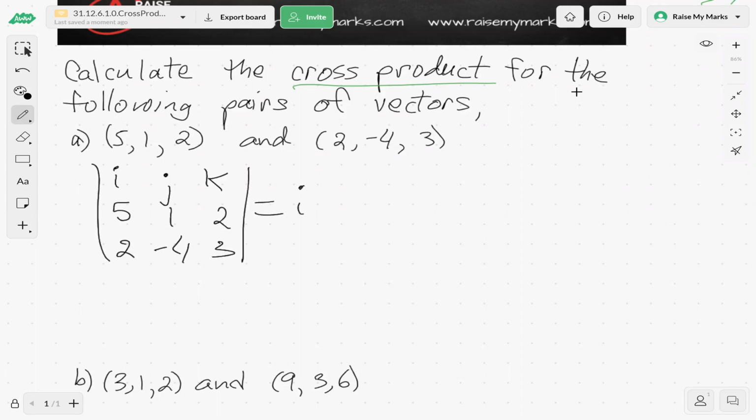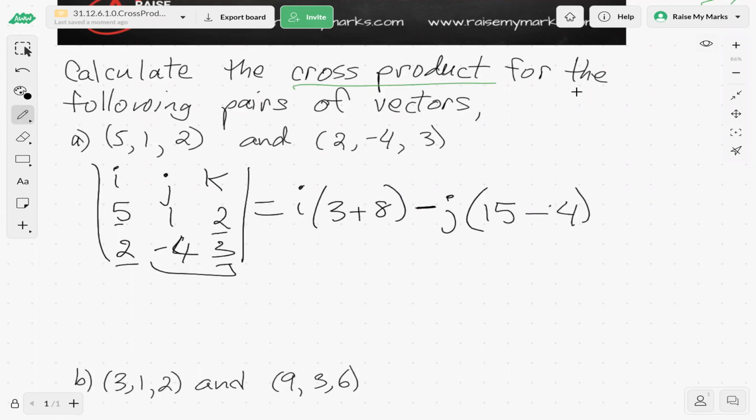For i, we need to consider this first box of numbers. We have 1 times 3 is 3, minus negative 4 times 2, which is negative 8, so plus 8. Minus j times the coefficient of j, which is 5 times 3, 15, minus 2 times 2, which is 4.